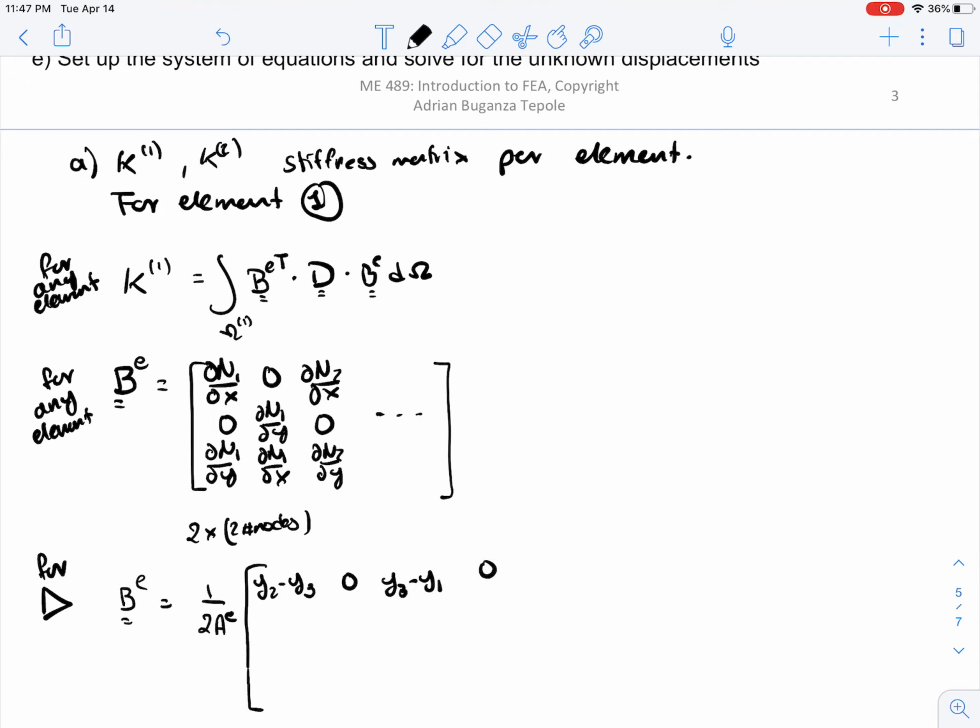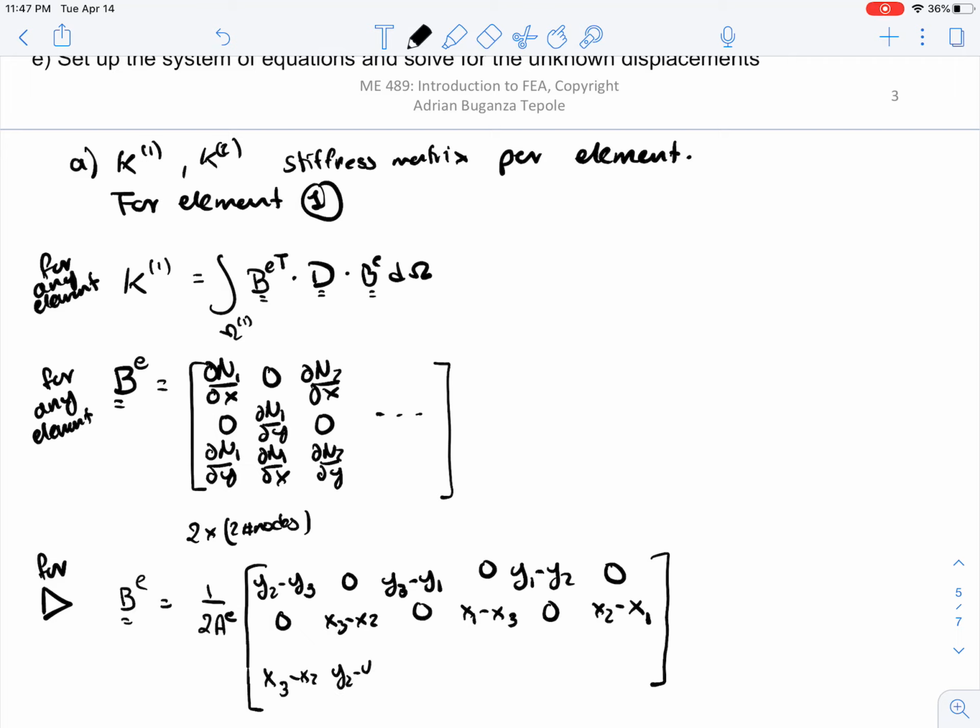So this has y2 minus y3, 0, y3 minus y1, 0, y1 minus y2, 0, and then 0, x3 minus x2, 0, x1 minus x3, 0, and x2 minus x1.